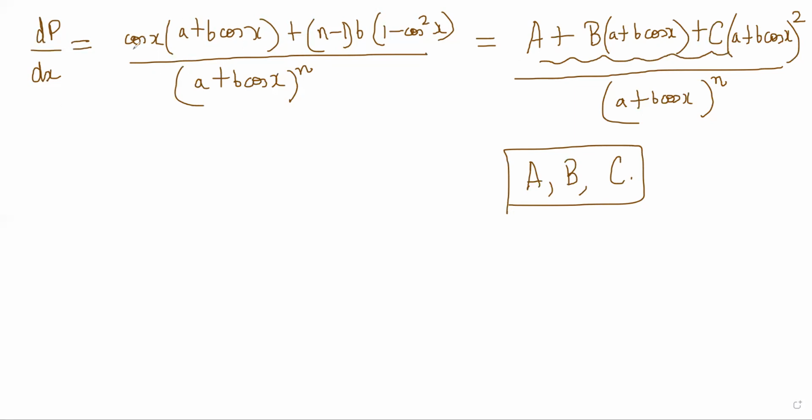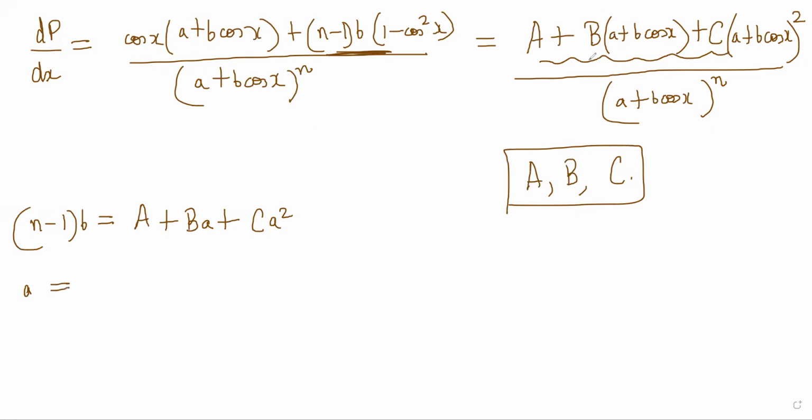So the constant coefficient that comes here will be n minus 1 into b, and that constant coefficient comes from this multiplication. And the constant coefficient here will be capital A plus BA plus CA square, right? The coefficient that comes with the cos x will be A on this side and nothing else.